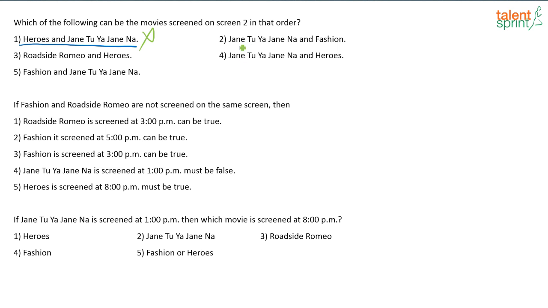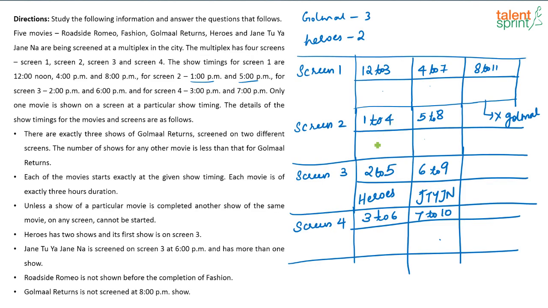Next one. Jaane Tu Ya Jaane Na and Fashion. Okay, is this possible? Let us see. Here they are saying Jaane Tu Ya Jaane Na and this is Fashion. So, if this was the case, then what is happening?